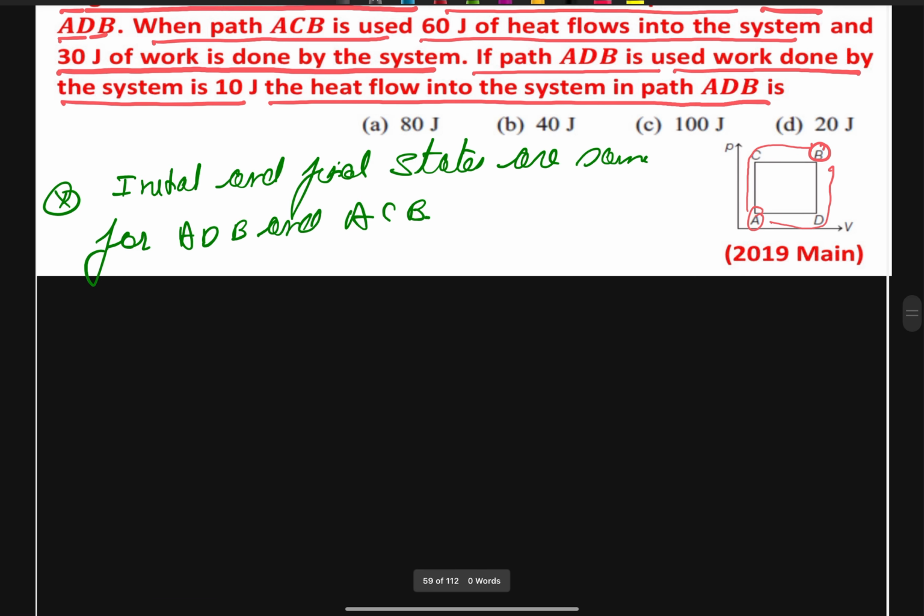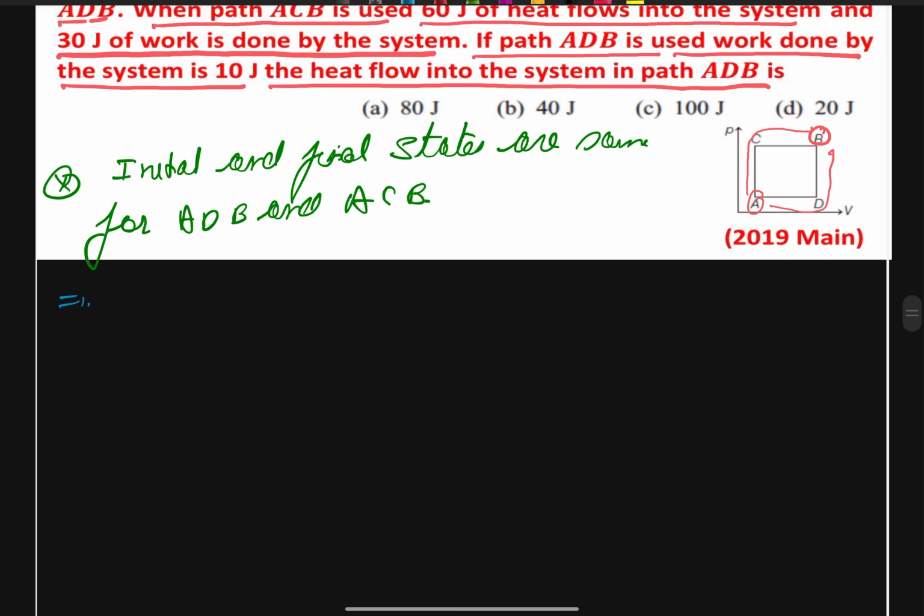Therefore, we can write that the change in internal energy for path ADB will be equal to the change in internal energy for path ACB.